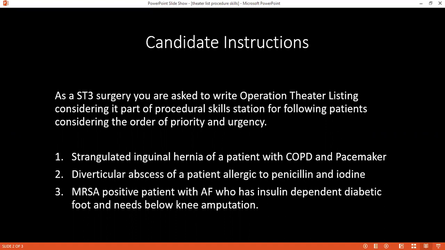Alternatively, I can give quinolones, metronidazole (Flagyl), vancomycin. And since the patient is allergic to iodine, chlorhexidine-based antiseptics can be used instead.